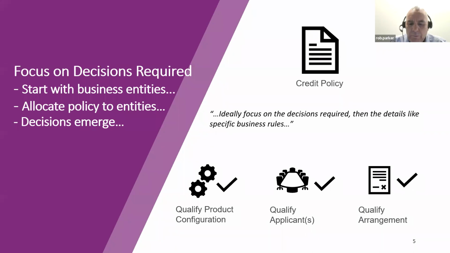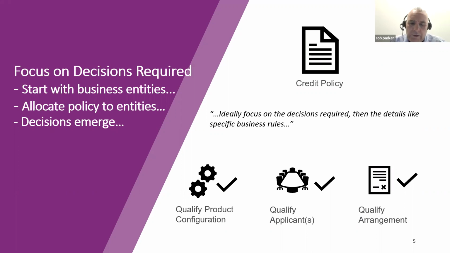But the problem with the credit policy is it's written for human consumption. It's not written for automation or machine consumption. And so the way it's structured is not amenable to a one-for-one mapping for just pulling out the credit rules and identifying the high-level decisions.